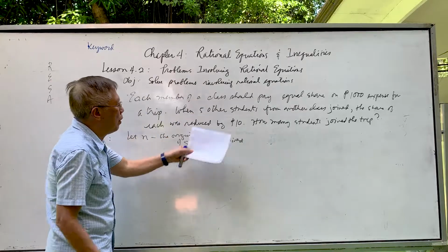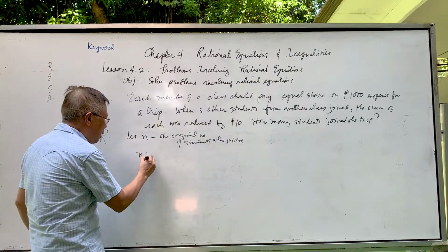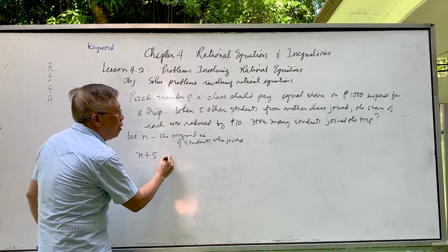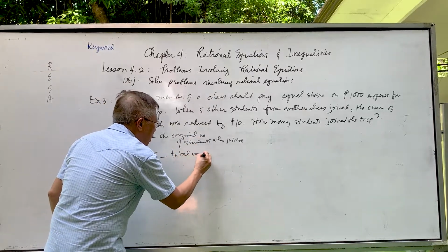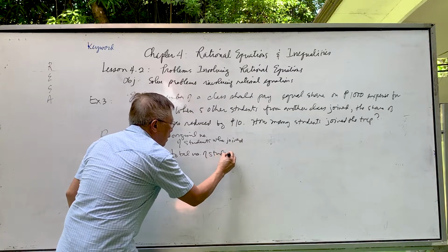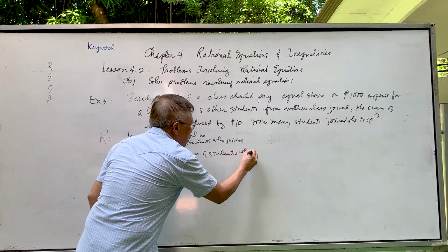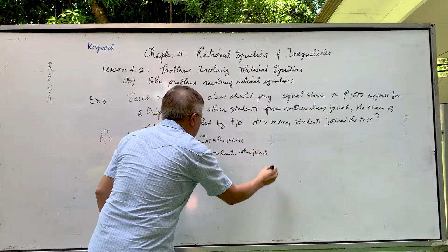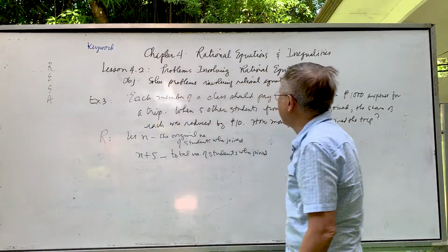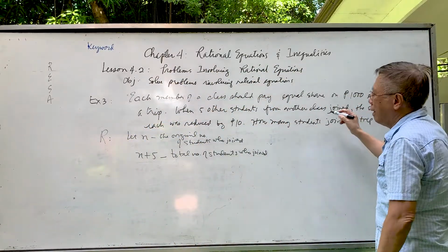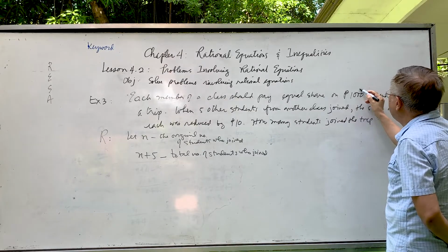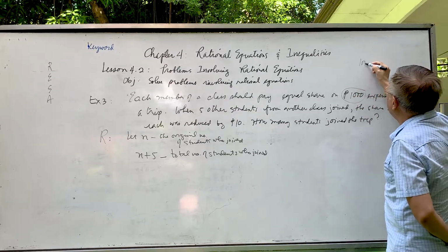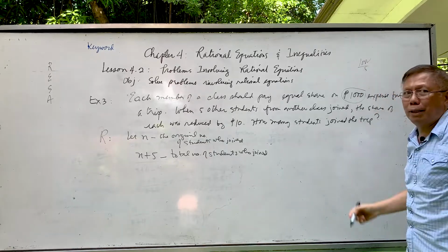Now, since 5 students have been added, we get here n plus 5 will be the total number of students who joined. If we look at the problem, if n students would go to the trip, then this 1,000 will be divided among them equally.